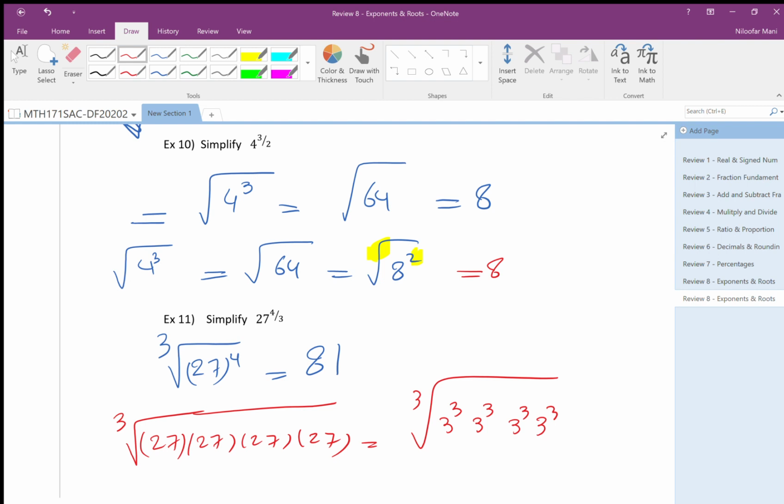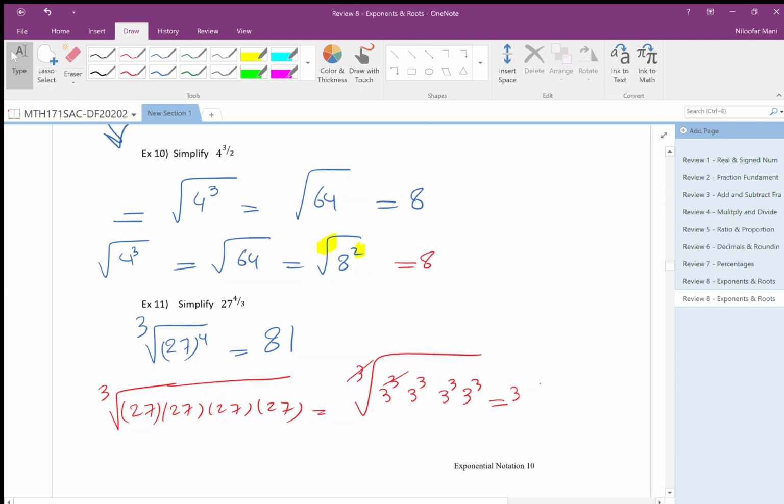And when I do that, then I can cancel. See, this and this I cancel, 3 comes out. This and this cancel, 3 comes out. This and this cancel, 3 comes out. And this and this cancel, 3 comes out. So from each, 3 comes out, because I have power 3 and I have root 3.